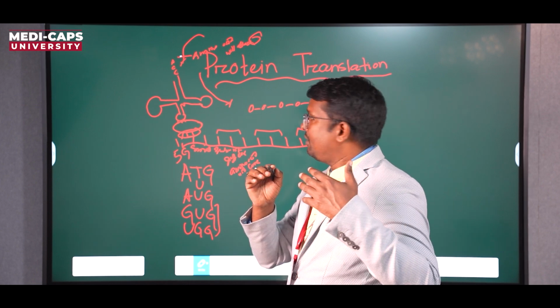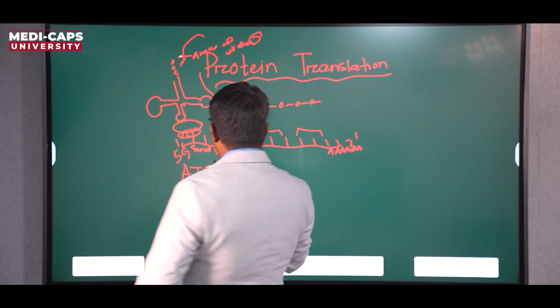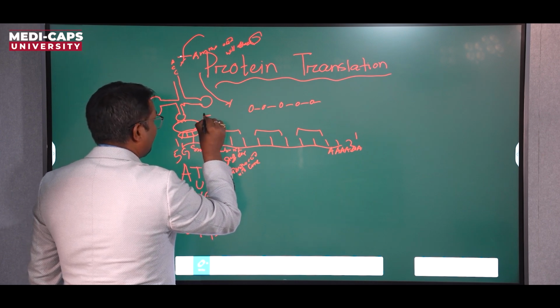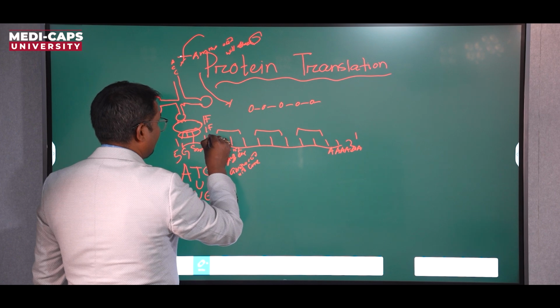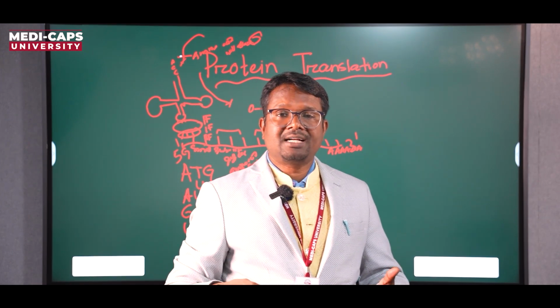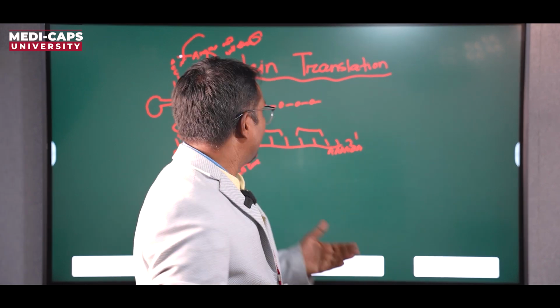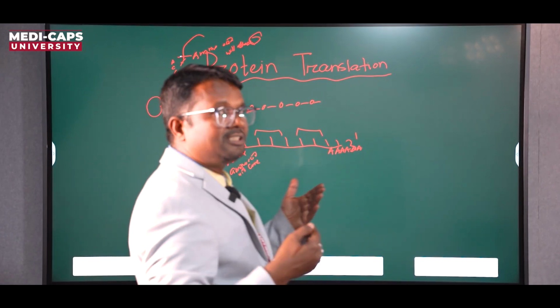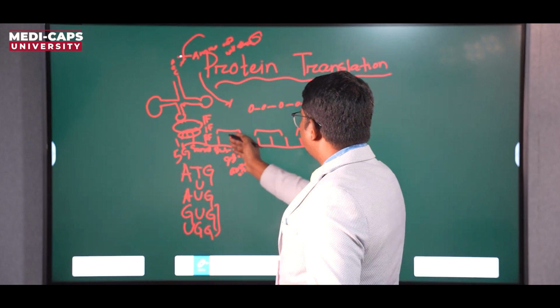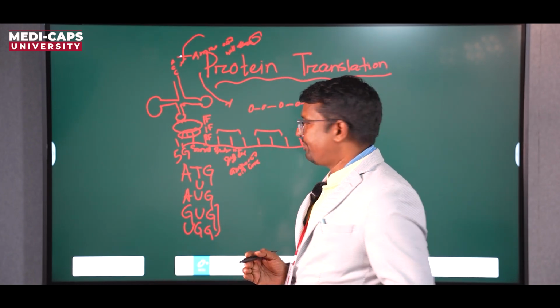And during this event, during the initiation, there will be initiation factors. The initiation factors help to initiate the protein translation event, and once the initiation happens, there will be elongation of the translation system.